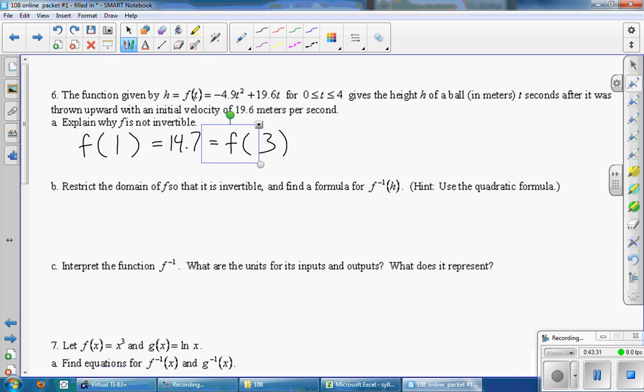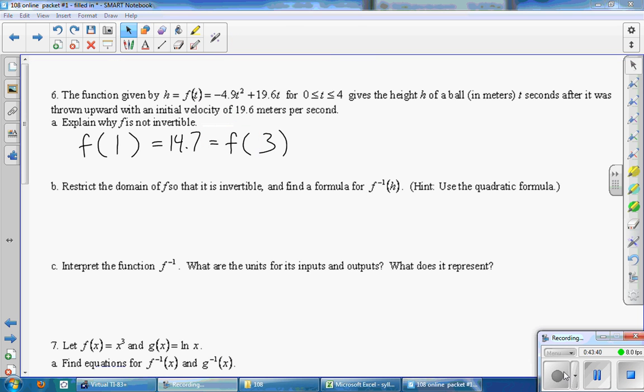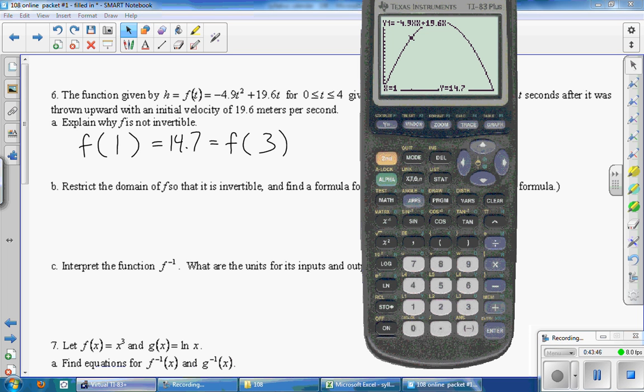So f is not invertible because we've got two different x's giving exactly the same y. Another reason this is not invertible, from the picture anyway, is the horizontal line test, right? There's a horizontal line that hits the graph twice. We found this horizontal line up there.